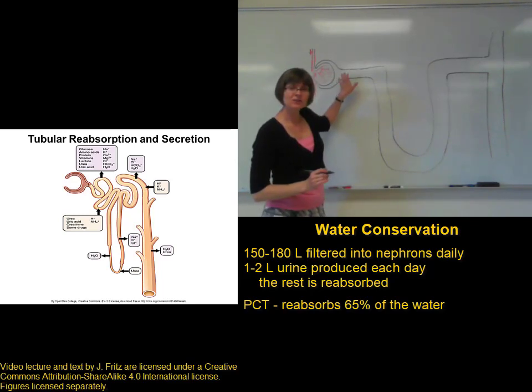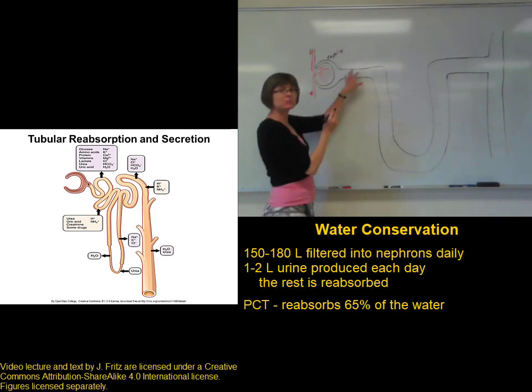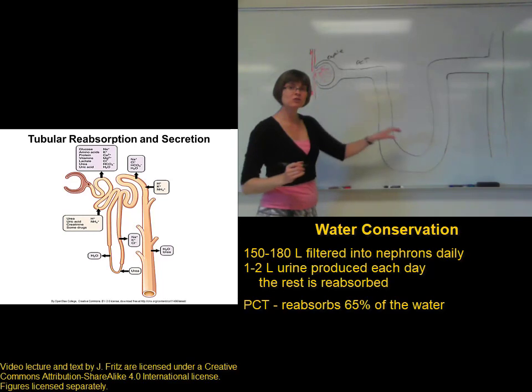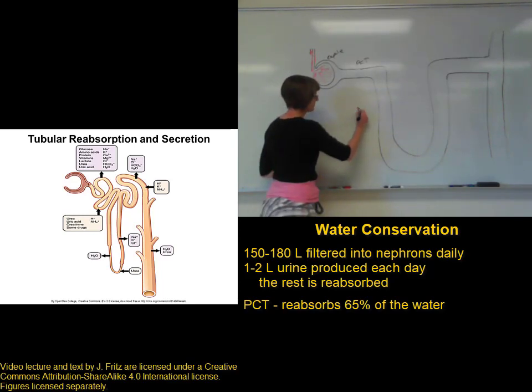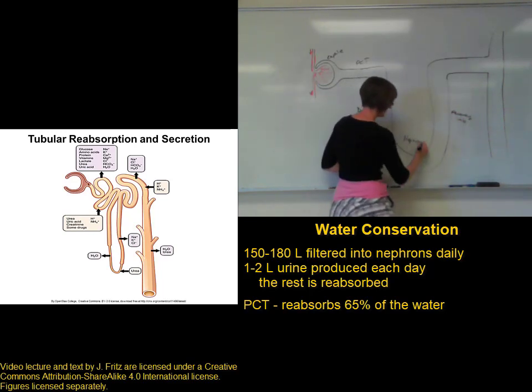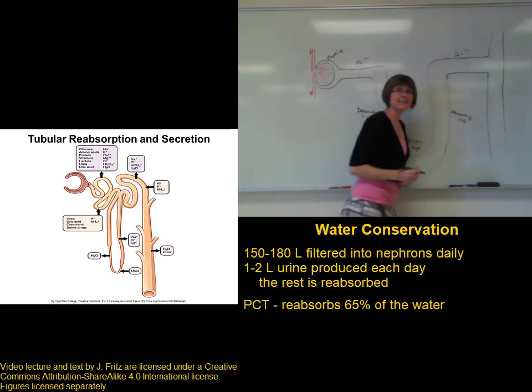Here we have the glomerular capsule, the PCT, the nephron loop with its descending limb and ascending limb, the DCT, and the collecting duct.